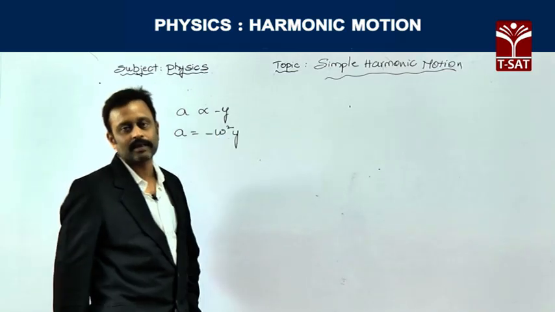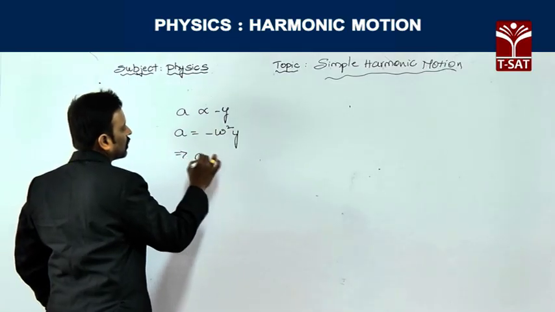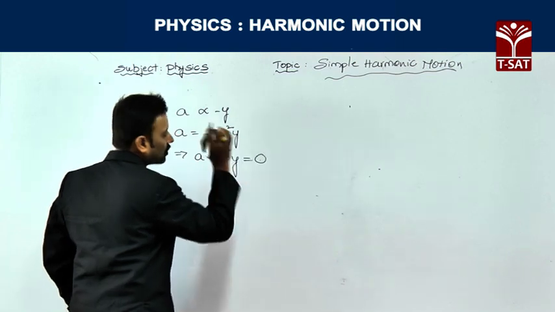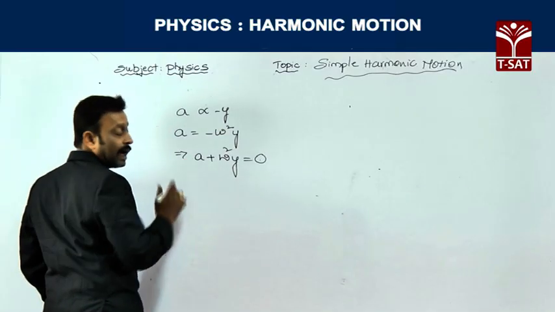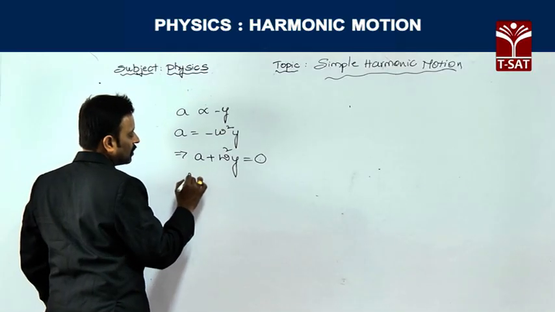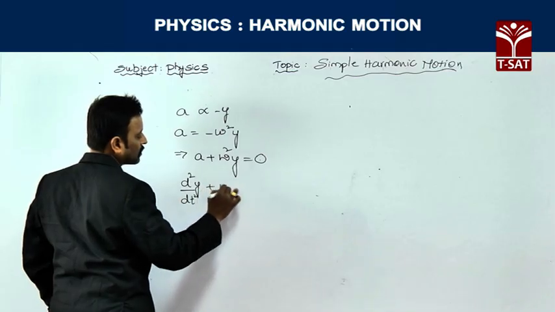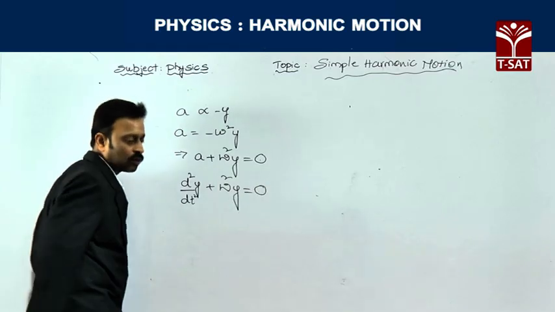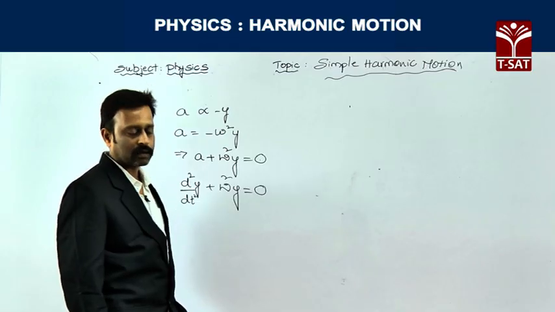Here omega is angular velocity. From this, I can write a plus omega square into y is equal to 0. This acceleration is nothing but d square y by dt square plus omega square into y is equal to 0. This is in case of a linear simple harmonic oscillator.